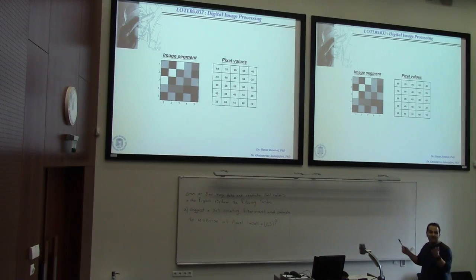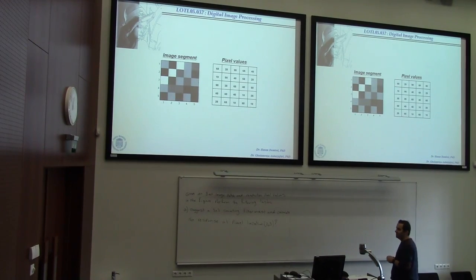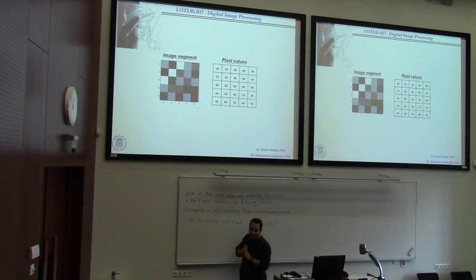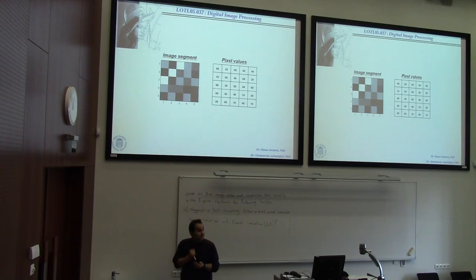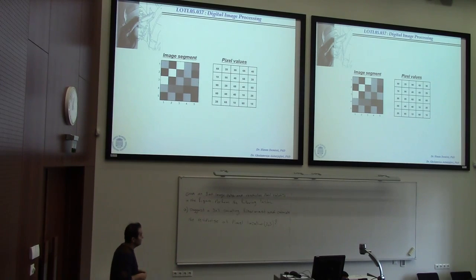Could it be maybe a Gaussian kernel for smoothing? Exactly, in the slide there were 2 smoothing filters that we showed that we can use for smoothing the image.